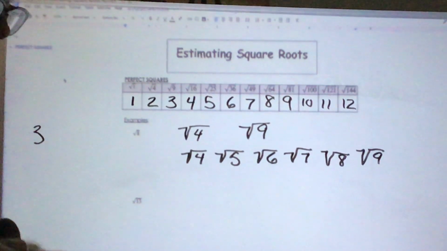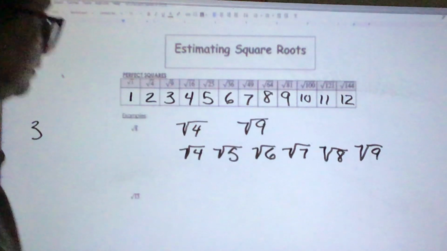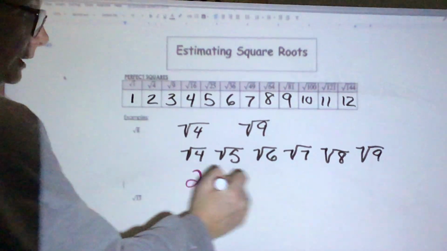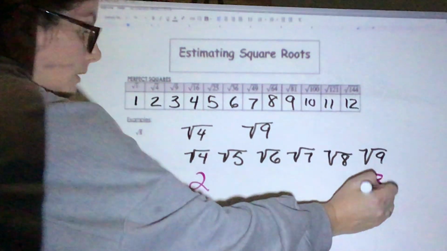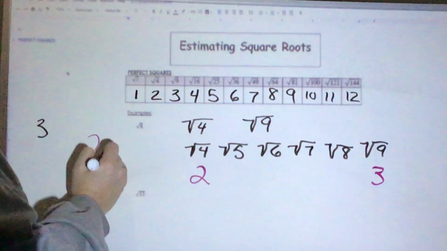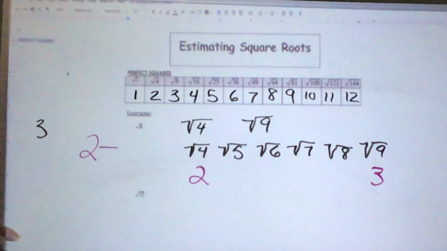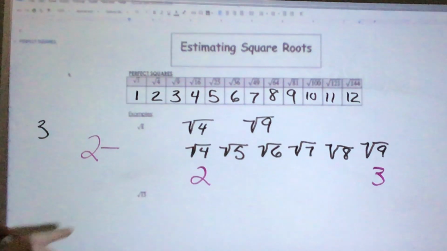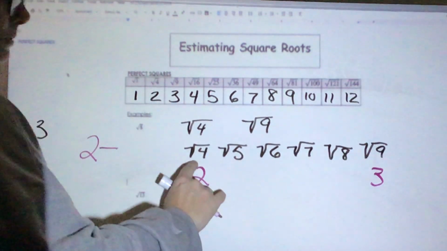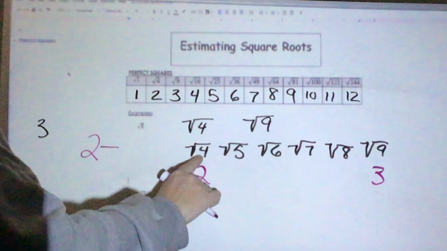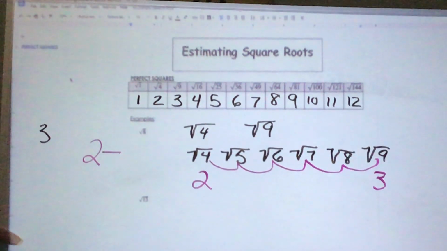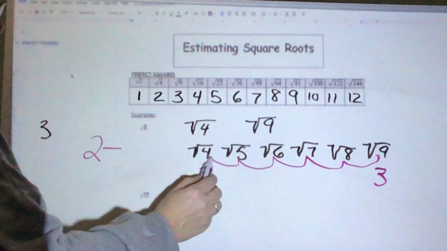But now looking at my chart, I know that it's actually in between root 4, which is 2, and root 9, which is 3. So that means if I was to write it as a mixed number or a decimal, it would be 2 and some fraction. Now to get my fraction, I'm going to figure out how far the total distance is between 4 and 9. So to get from 4 to 9, it's 1, 2, 3, 4, 5 spaces. 9 minus 4 is 5.